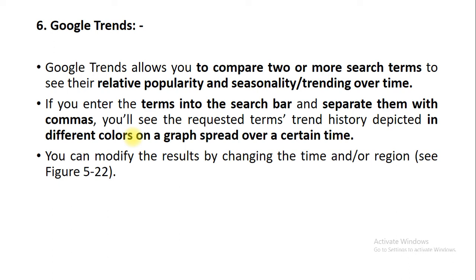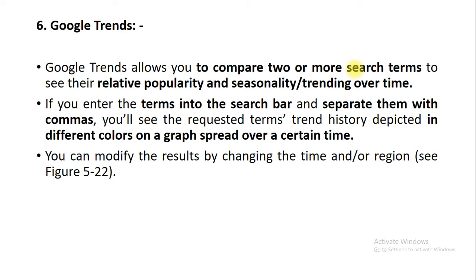When you want to compare two or more search terms, say when there is a marriage of Anushka and Virat Kohli, or a marriage of Ranveer Singh and Deepika Padukone, at that time you can compare two popular search terms. Say for example Amitabh Bachchan and Rekha, or Amitabh Bachchan and Jaya Bachchan. Those are known as popular search terms.